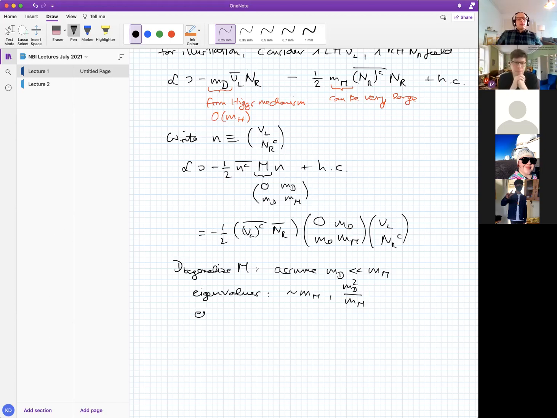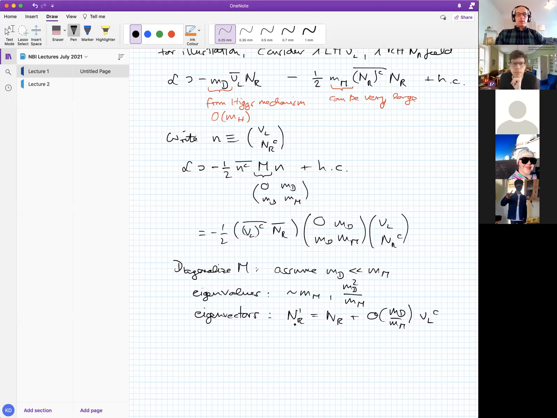The corresponding eigenvectors are such that there is a field, let's call it NR prime. That's the field after diagonalization, which is given by NR plus small corrections of order MD over MM times the nu L charge conjugate state.